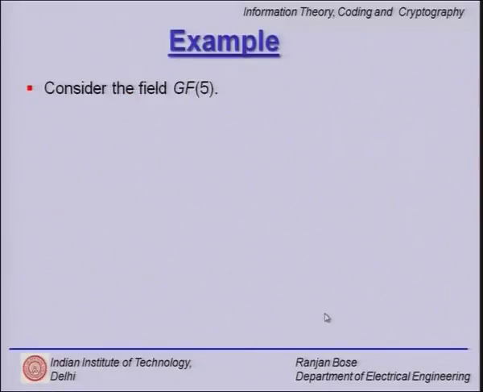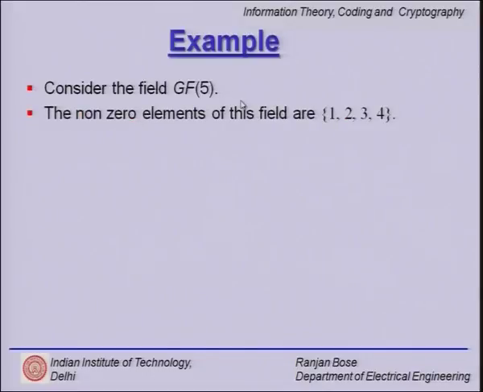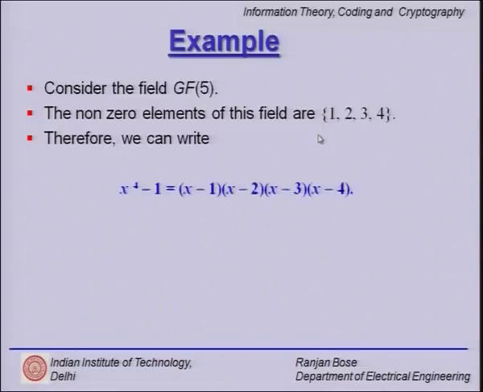Let us take a simple example. Let us take GF(5), which is a Galois field with 5 elements. We look at the non-zero elements 1, 2, 3, 4, because we are leaving out 0 here. Therefore, without making any effort, we can immediately write the factors of x raised to the 4 minus 1. Please note q minus 1.